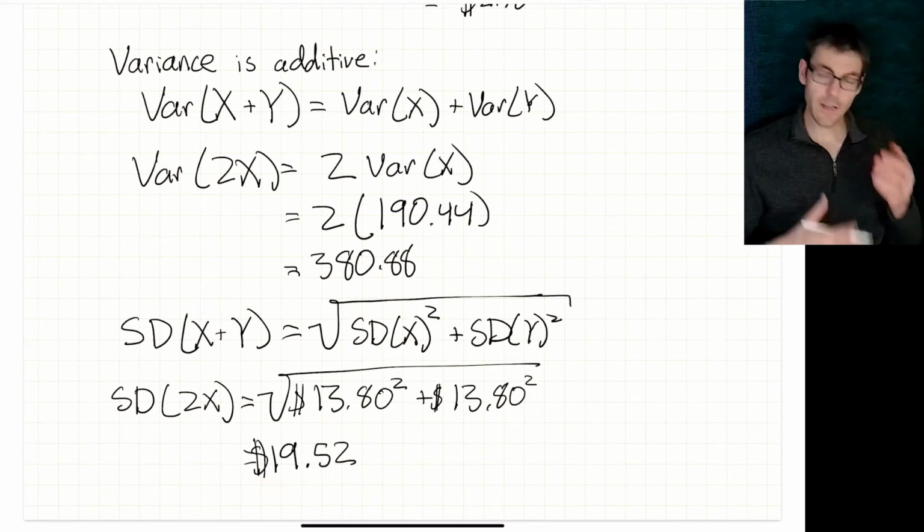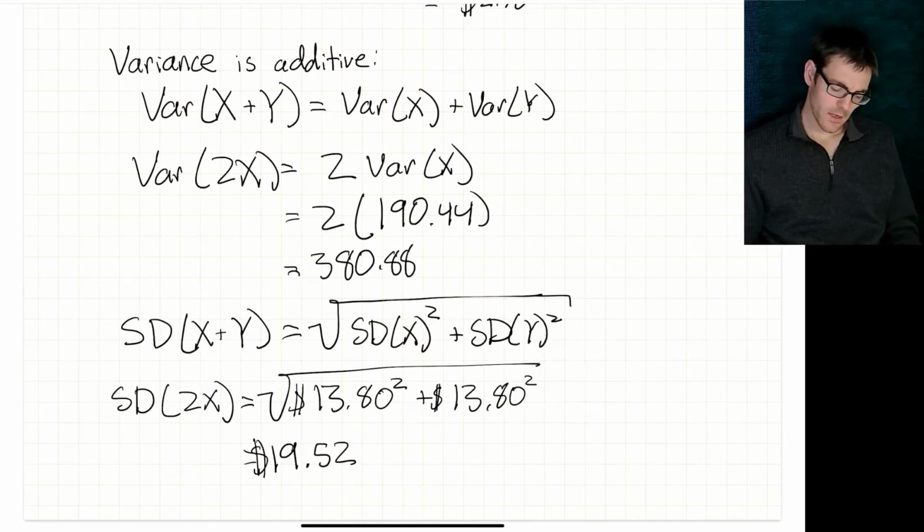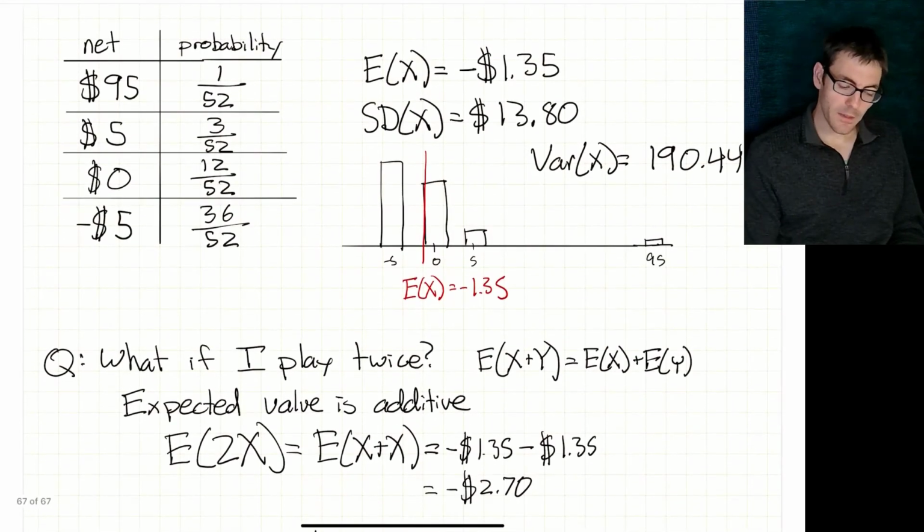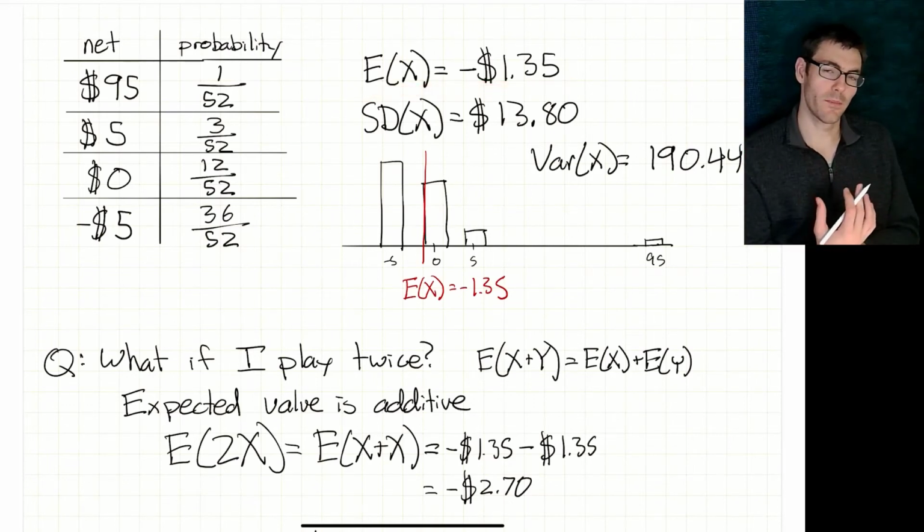So the standard deviation of playing it twice is less than twice the standard deviation of playing it once. So each time we play this game, right, because there's a net loss, there's a house advantage, the expected value is negative, so on average, we're going to be losing some amount.